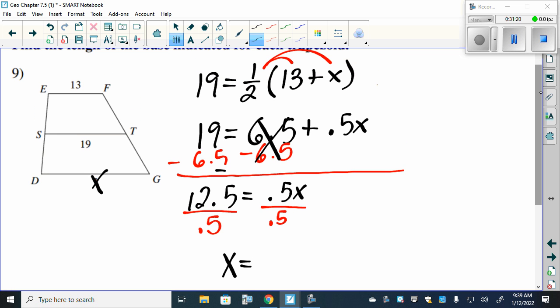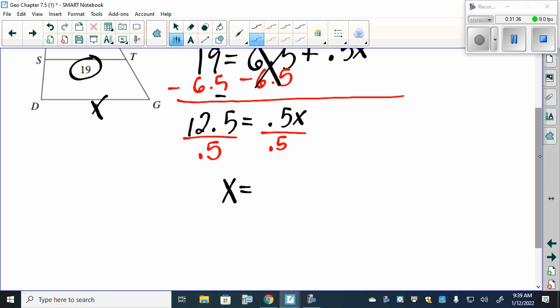Now, it is actually not going to be 6. Kind of like what we said earlier, the mid-segment can't be bigger than the smaller base, the 13. So it has to be bigger. It actually is 25.